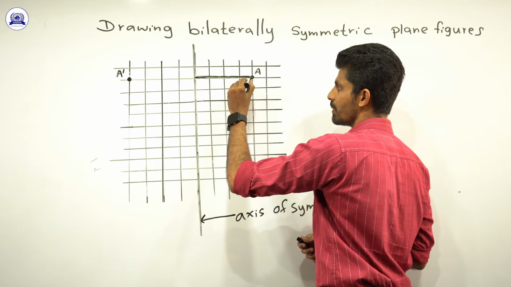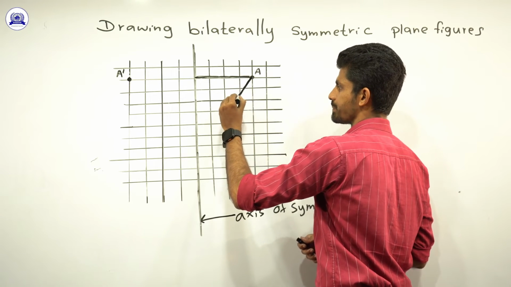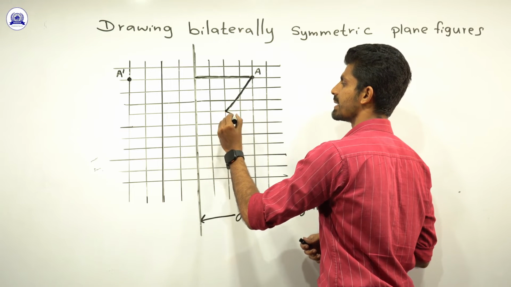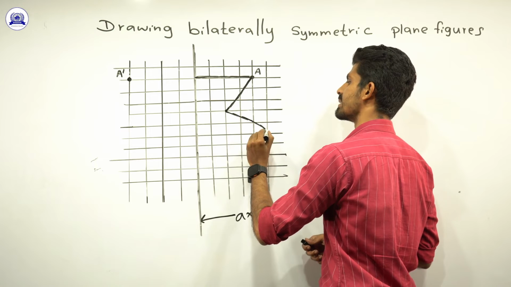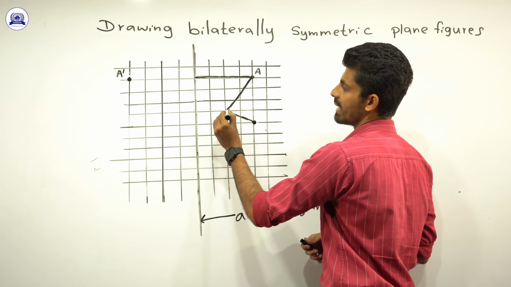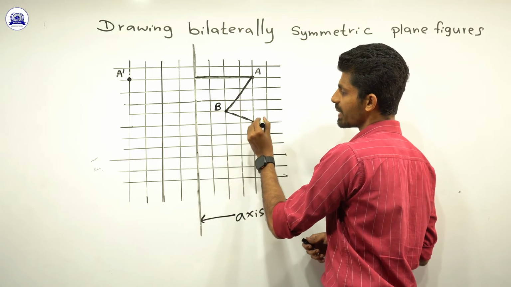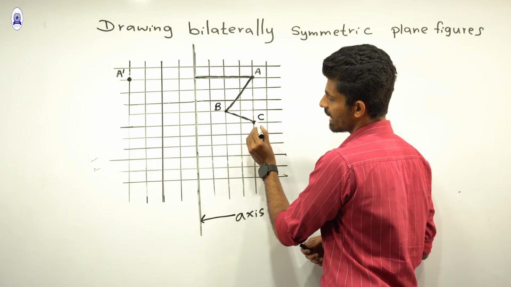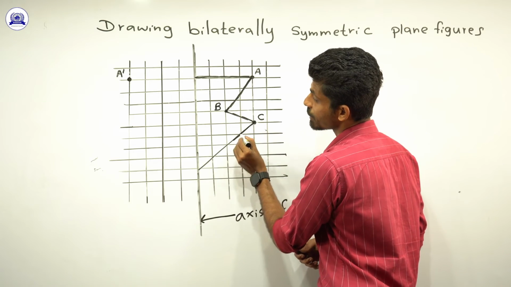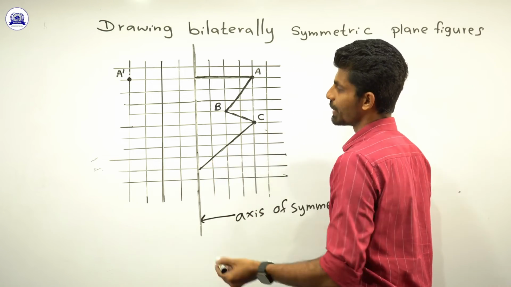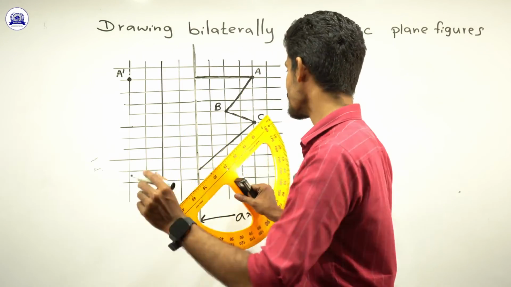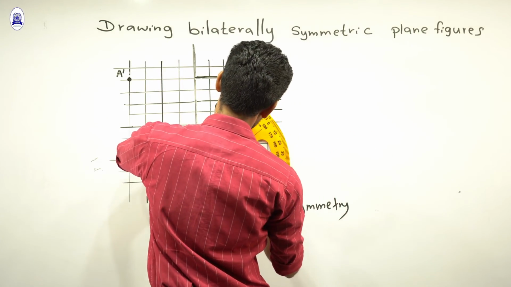This is the point A, this is the point B, this is the point C, and I'm directly moving to that point. You have to use your ruler. I'm just using my ruler.